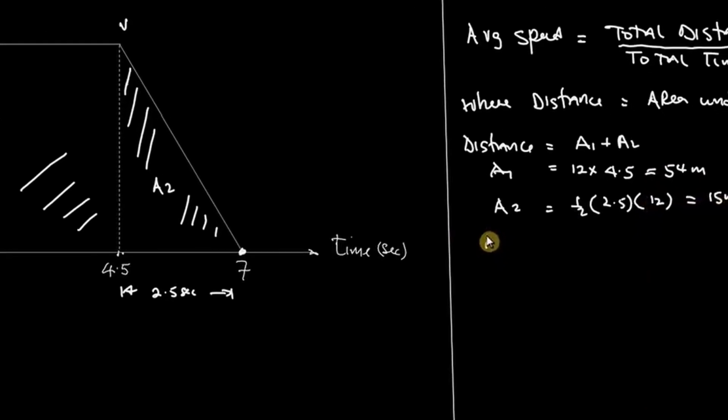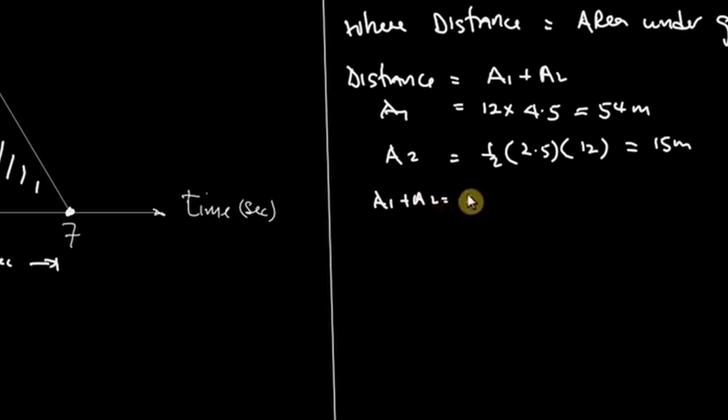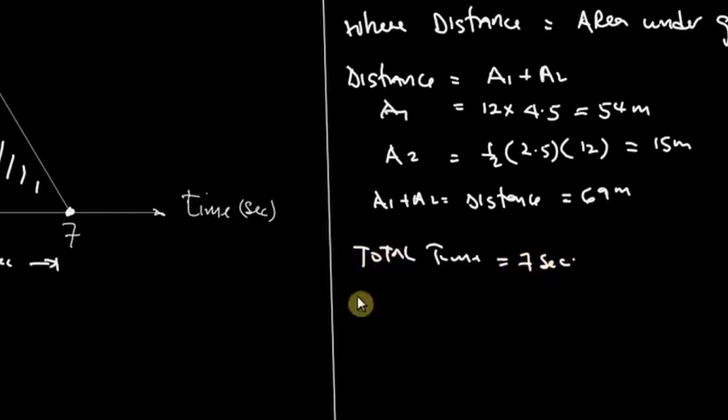So area 1 plus area 2, which is equal to the distance, is equal to 69 meters. And of course, the total time taken is equal to 7 seconds. So average speed is equal to 69 over 7, which is equal to 9.86 meters per second.